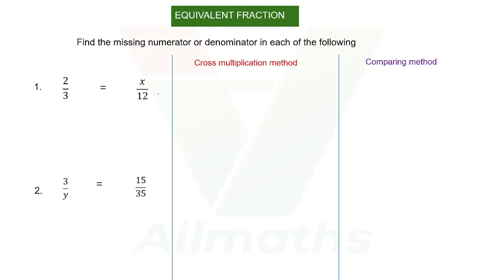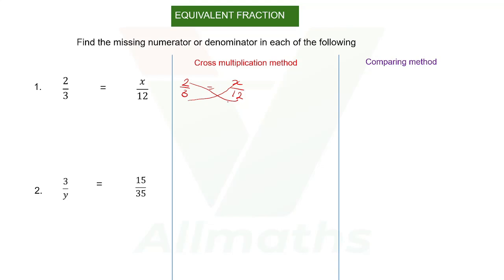We're going to be using two methods, the cross multiplication method and the comparing method. For the cross multiplication method, we have 2 over 3 equals x over 12. Cross multiplication means you are multiplying across. 3 will be multiplying this way, 2 will be multiplying 12.